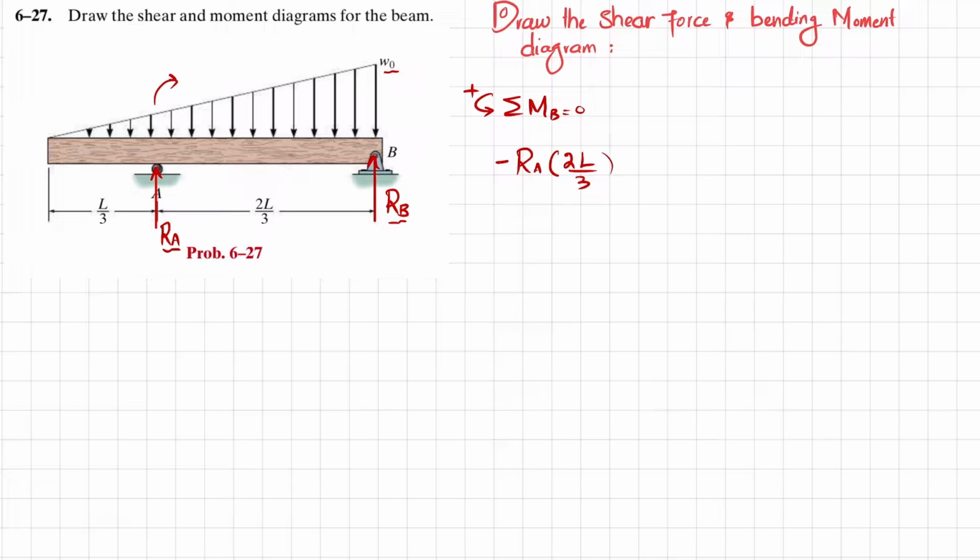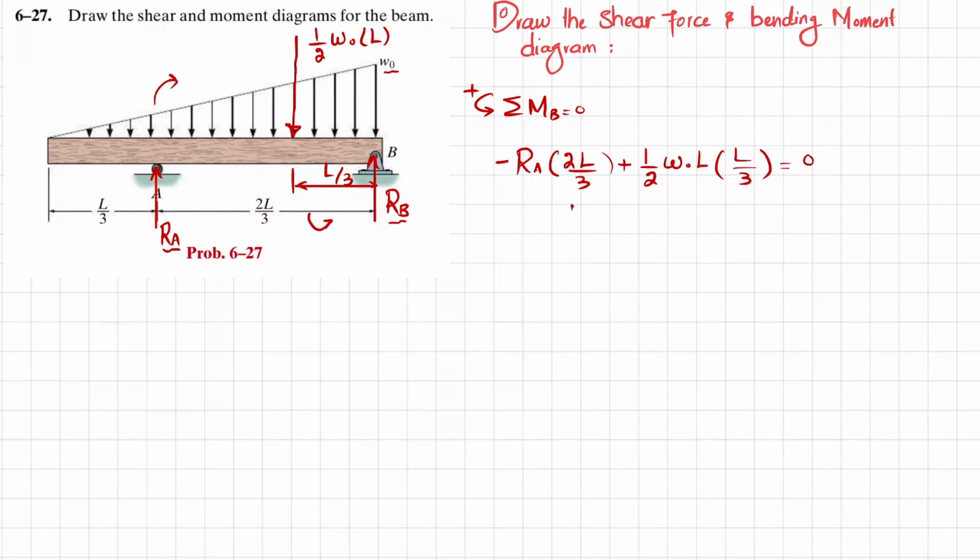And if we convert W naught, the uniformly increasing load, into a concentrated load, its magnitude will be 1 over 2 W naught into L, and that will be acting at a distance of L by 3 from B. It is producing counterclockwise moment, so it will be positive. So plus 1 over 2 W naught into L, and the perpendicular distance is L by 3. Their sum must be equal to 0.